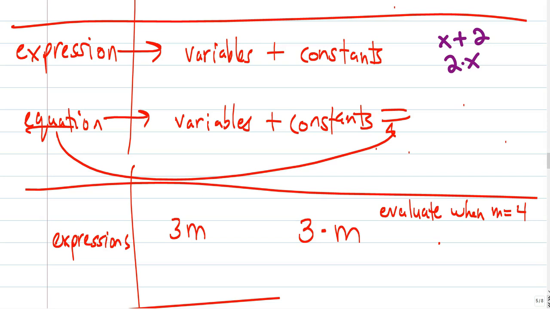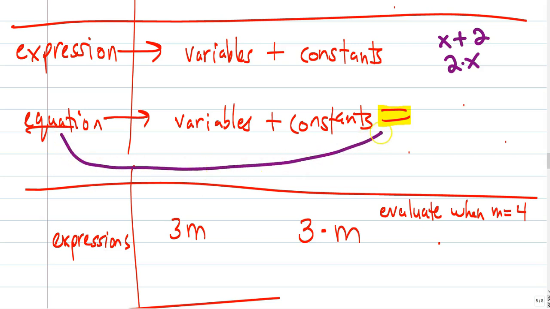What's an equation? Well, it's a variable and constants, but at the end we get this equal sign. This equal sign makes it an equation. Equation literally has equa in front of it, right? As in the same root as equal. When we have an expression, we're just expressing some mathematical group.